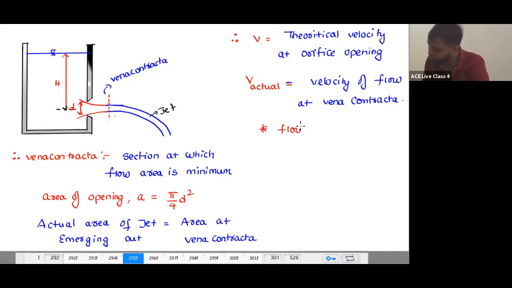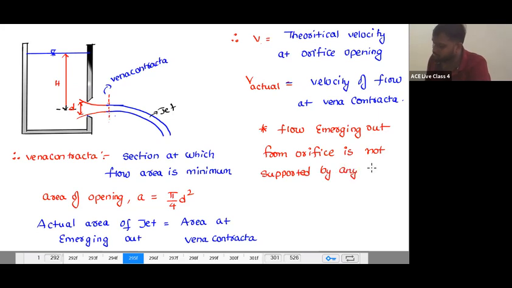Now observe what I am going to do in the analysis. The flow emerging out from the orifice at the vena contracta is not supported by anything, it is completely in atmospheric pressure.